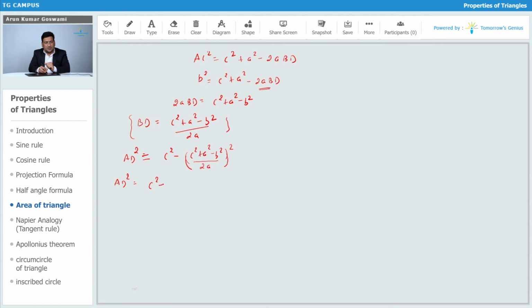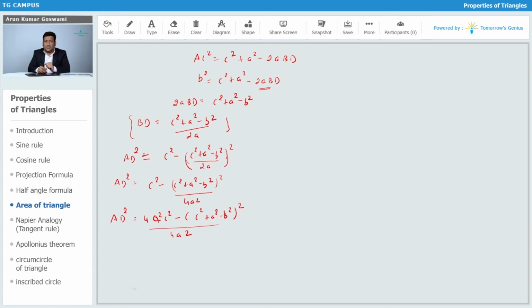So C square minus (C square plus A square minus B square) whole square, divided by 2A squared. Taking 2A out of the square, I can write it as 4A square, and I'll take the LCM now. So I'll get 4A square C square minus (C square plus A square minus B square) whole square, divided by 4A square.